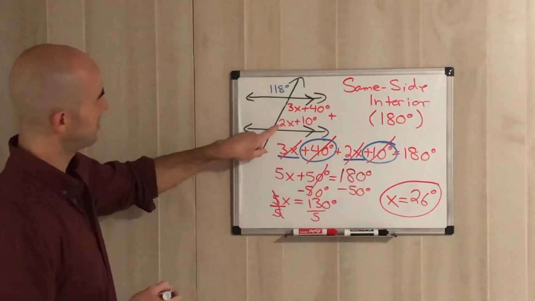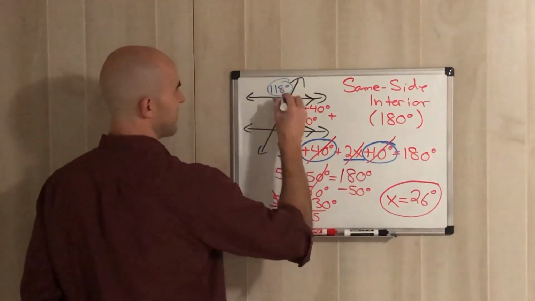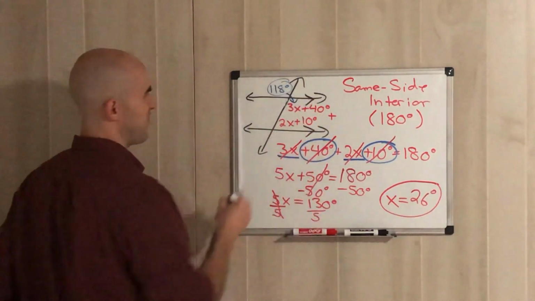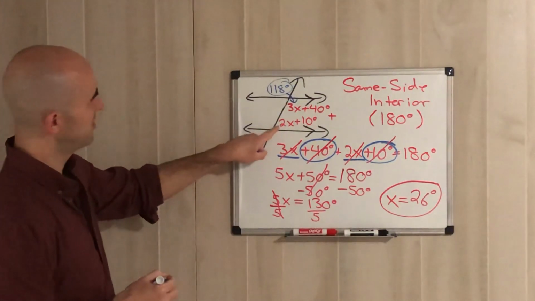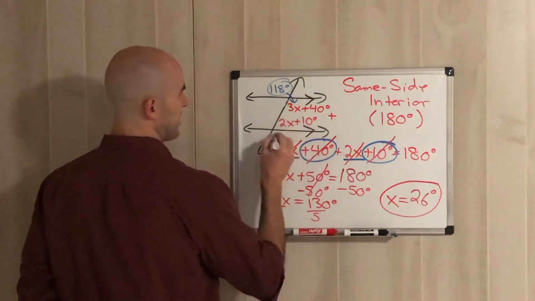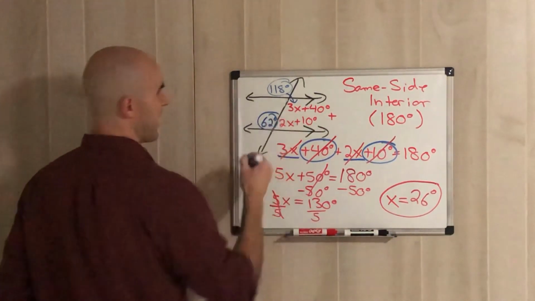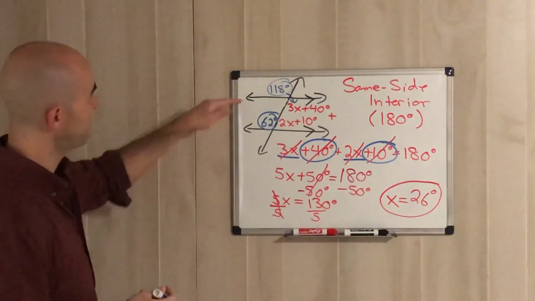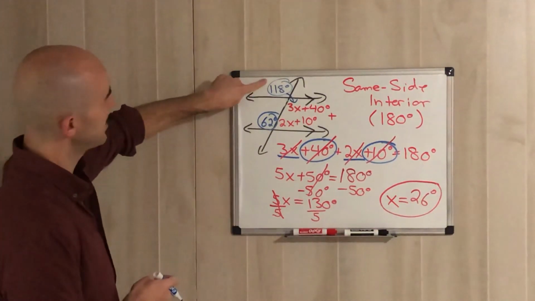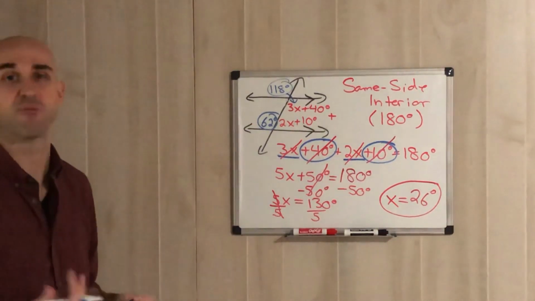Now, if I want to substitute this here, and I'm not writing that there, I'm not saying that angle is 118, I'm just writing it there for space. Over here, if I wanted to do 2 times 26, that gives us 52. 52 plus 10 gives us 62, right? And automatically, I still know that my mental math is correct, because if I look at these two, 118 plus 62 gives us 180, which tells me that I was right.